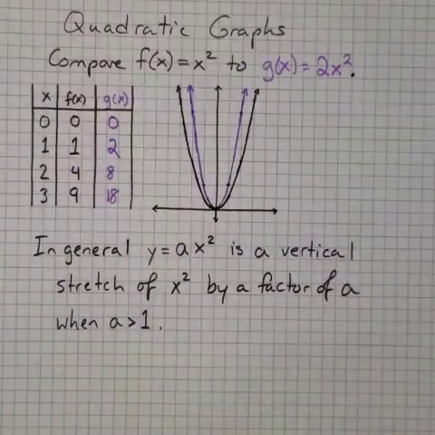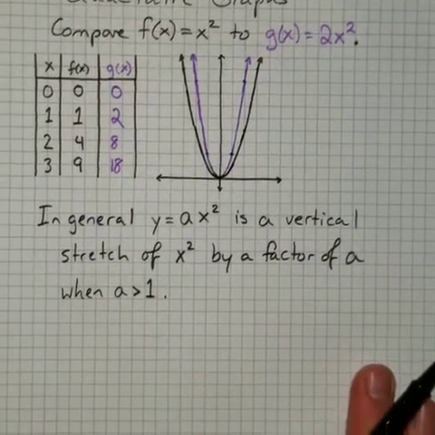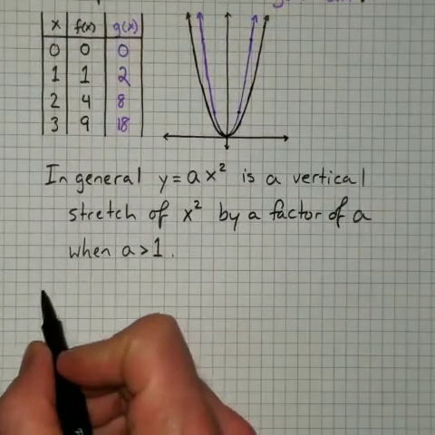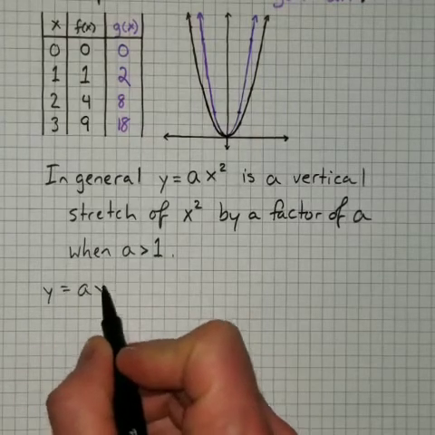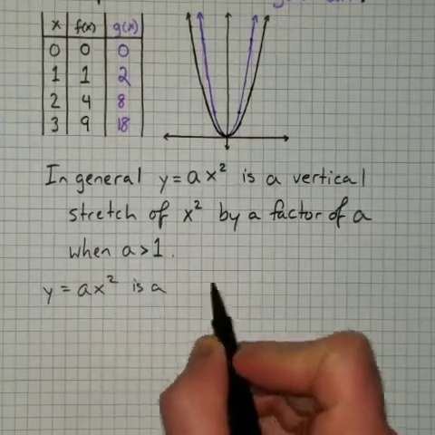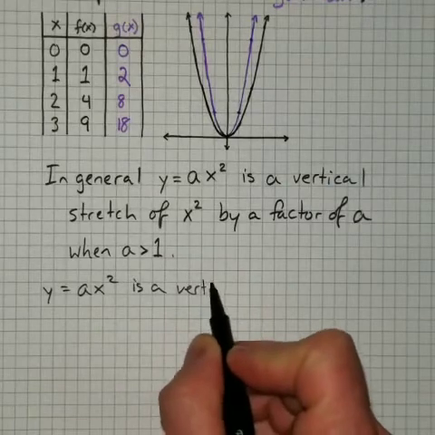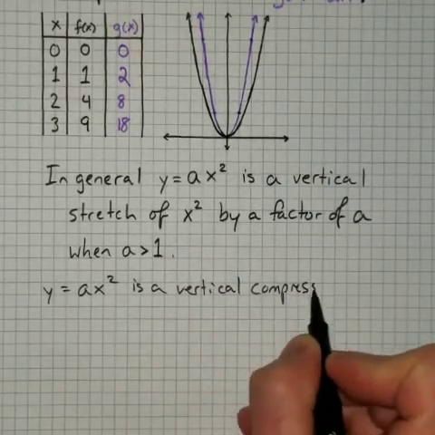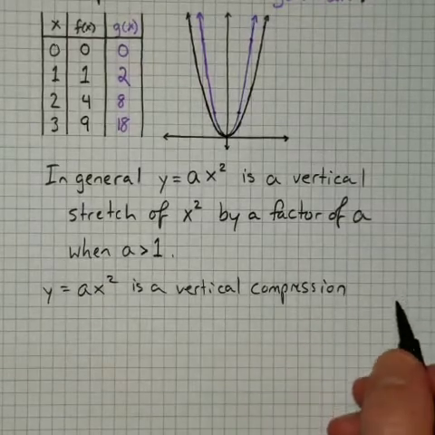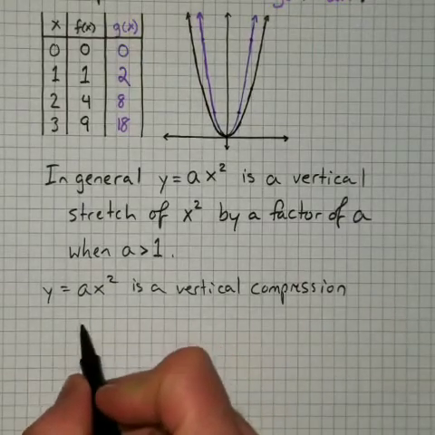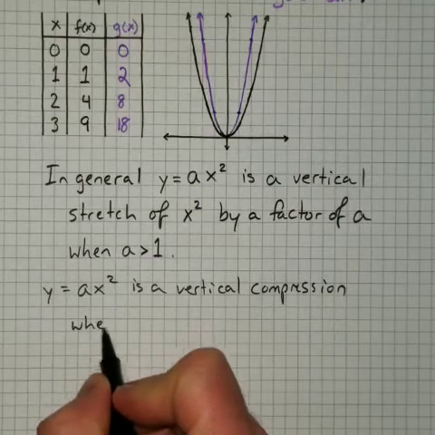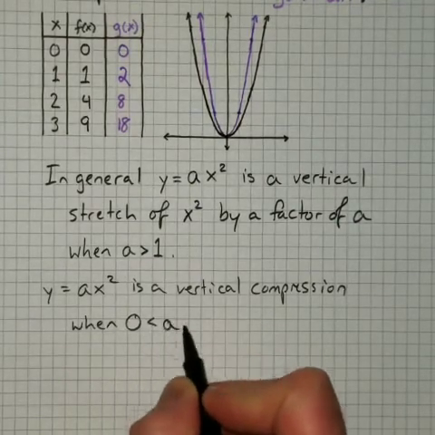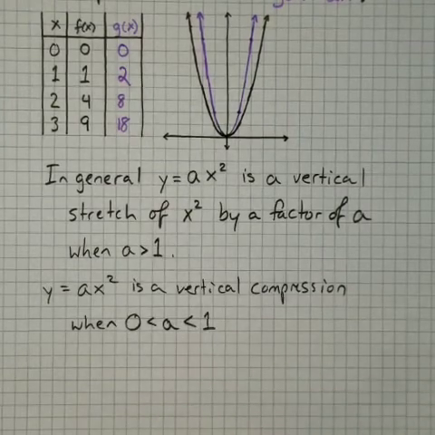All right, so let's say y equals ax squared is a vertical compression when a is between 0 and 1.